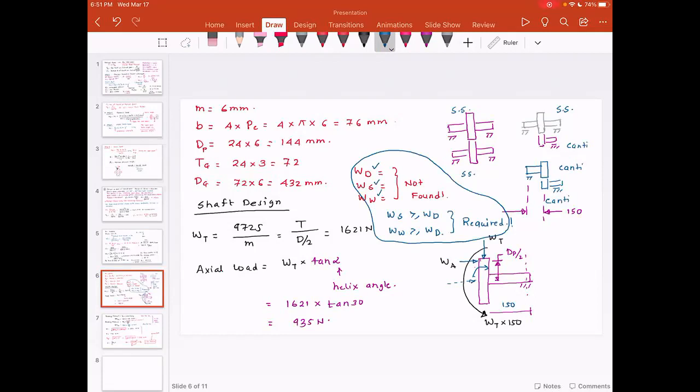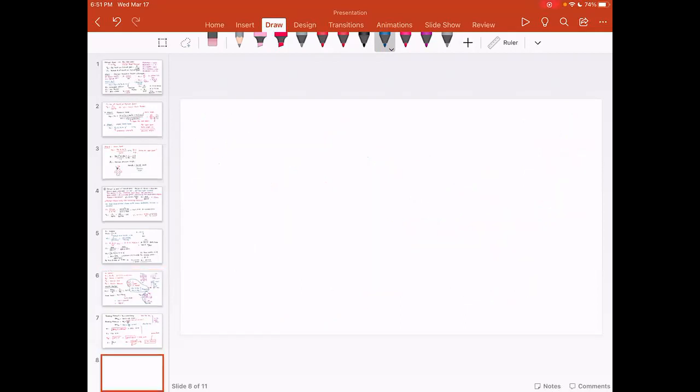Now, one thing I want to talk about is design of a gearbox. So for an example, if the problem says design housing or gearbox.